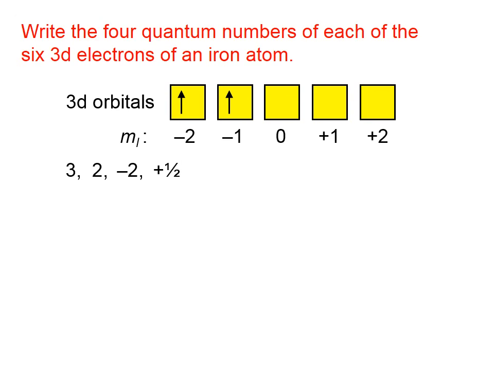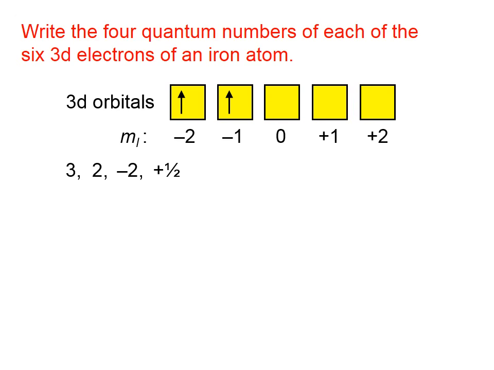When I put the next electron in, again, we need to conform to Hund's rule, which says that for equal energy orbitals, and these 5 all have equal energy, each orbital must have 1 electron before we start doubling up. So we can't put electron number 2 in this same orbital that we put the first electron in.